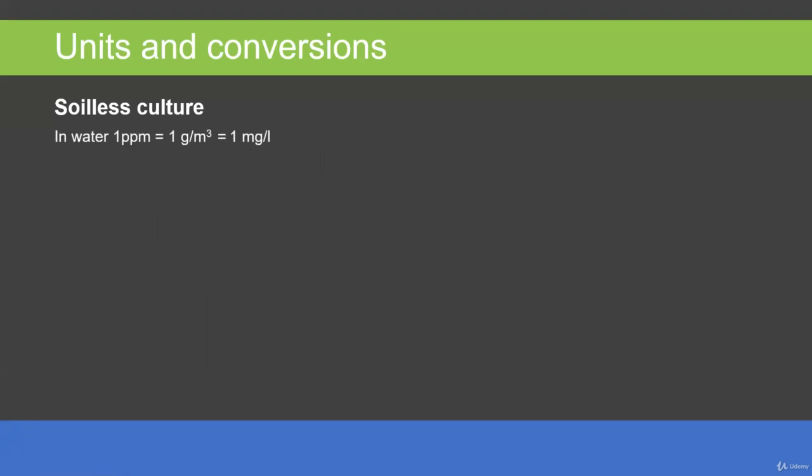In water, 1 part per million equals 1 gram per cubic meter or 1 milligram per liter. Why is that? This is because water density is 1 kilogram per liter, which means that the weight of 1 cubic meter of water is 1 million grams.